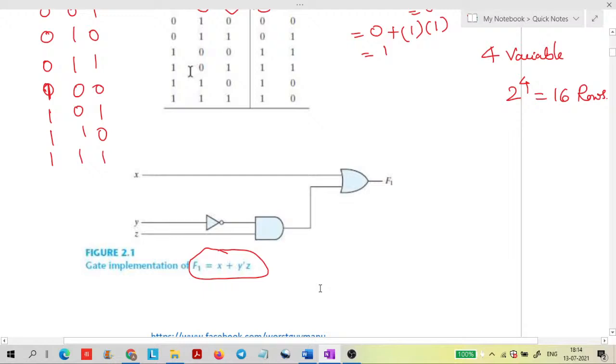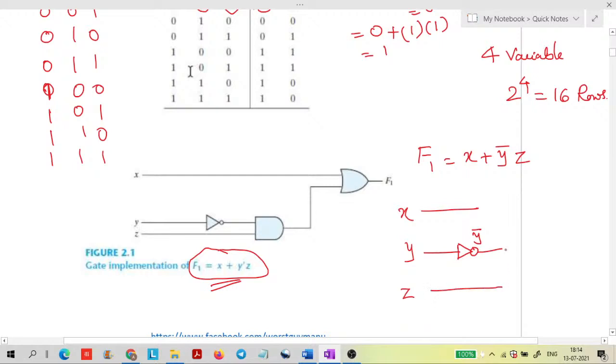Okay, and here is the gate implementation of this function. Here f1 equals x plus y bar into z. So how can we write this one? There are 3 variables, x, y, z. Here it is x and y bar z. So y is there, and with the NOT gate we will get y bar. Okay, y bar and z. Which gate is there here?